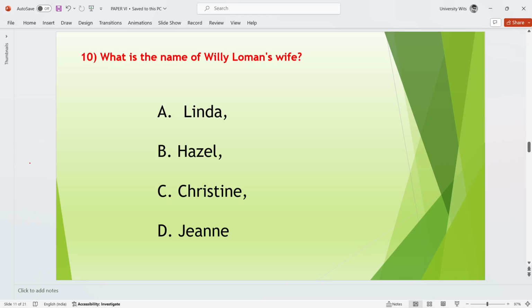Hazel, Christine, and Jen are not even associated with Death of a Salesman. Linda is a character you will get in Death of a Salesman, and this is a very important and very nice work. I will recommend you to please read this work.